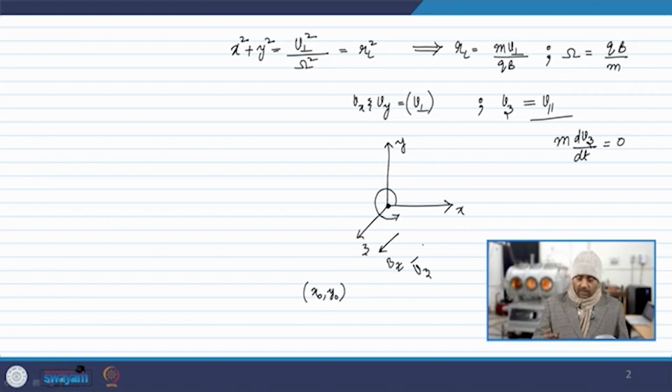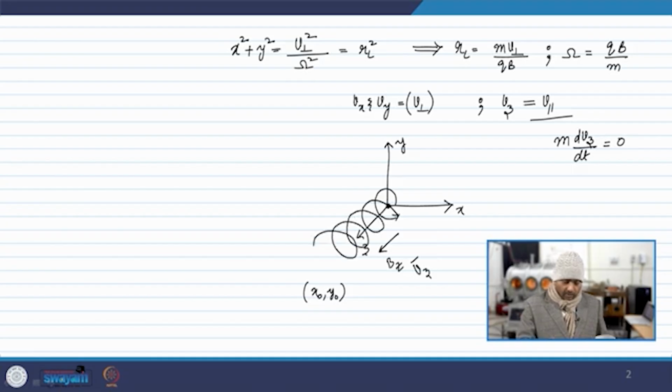So, there is no acceleration as far as the magnitude of velocity along this direction is concerned, but the Vx and Vy components are not constant. They are sinusoidal in nature. We have seen the form of velocity, right. So, these two components will add up and give you this circular motion, but because of the non-zero component of velocity along the magnetic field, this will not be a circle always at the same point, rather the particle will gyrate like this, for example.